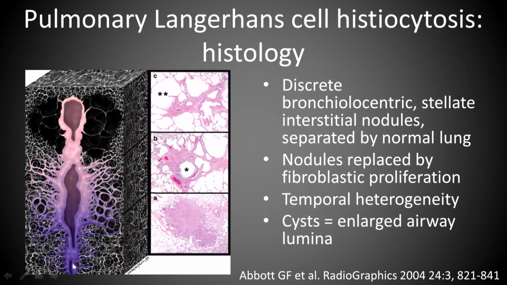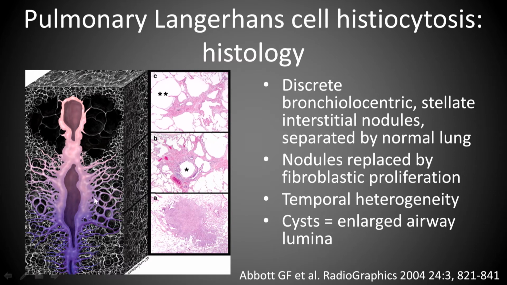So in the beginning, there's a normal bronchus, and then the patient develops these discrete bronchiocentric stellate interstitial nodules separated by normal lung. And so at this point, here we have our nodule, and it may even completely obliterate the bronchus.